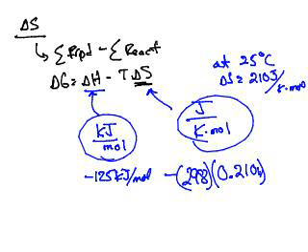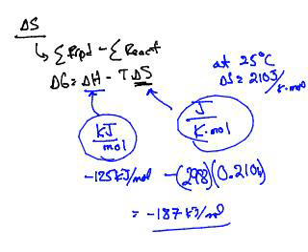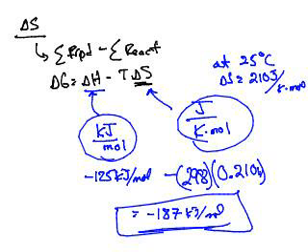Because to get from joules to kilojoules, there's 1,000 joules in a kilojoule, and then you would just take, on my computer or calculator, negative 125 minus 298 times 0.21, and I get negative 187 kilojoules per mole, or whatever. Does that make sense?